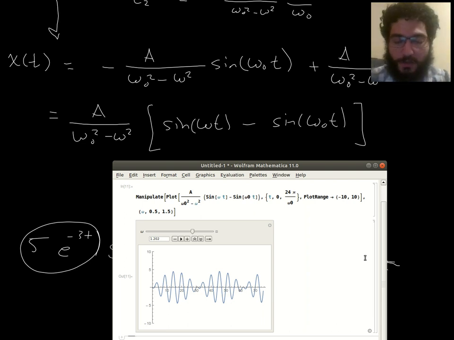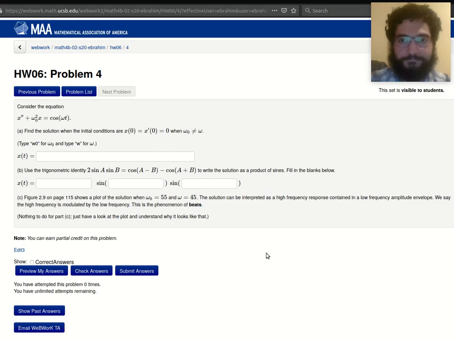This is pretty cool on its own, and it's worth looking at, just since we're here. And you will look at it yourself in this homework problem, homework problem 4. You will use a certain trig identity. It'll be suggested to you. The differential equation is a little different. There's a cosine here rather than sine.